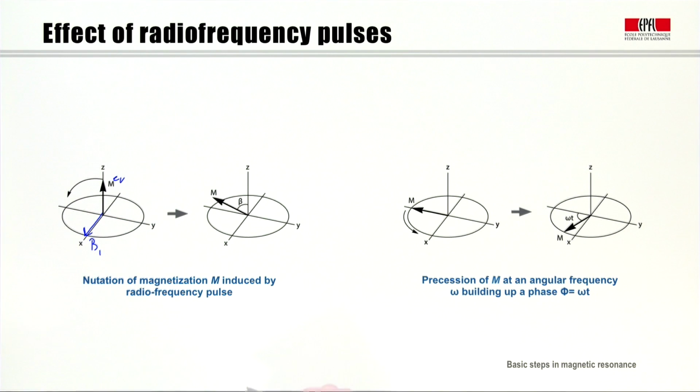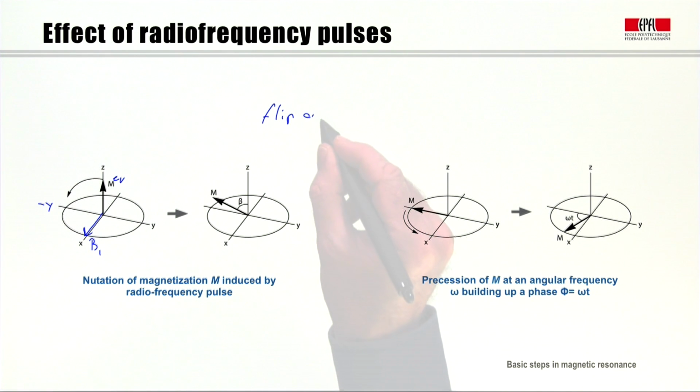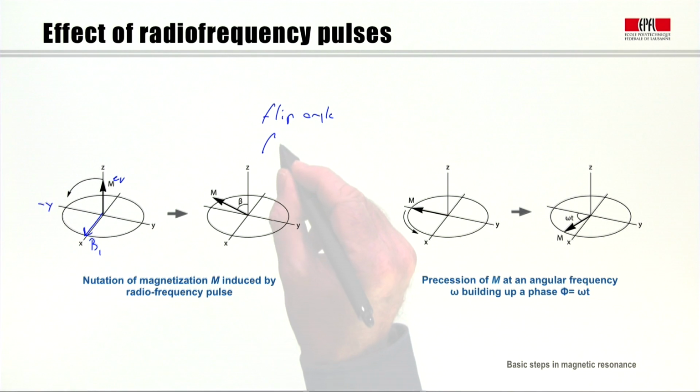Then we have a counterclockwise rotation, this is the continental convention, of the magnetization towards the minus y-axis. In general, it will undergo a rotation through a so-called flip angle, or more properly called a nutation angle, but flip angle is the common word.